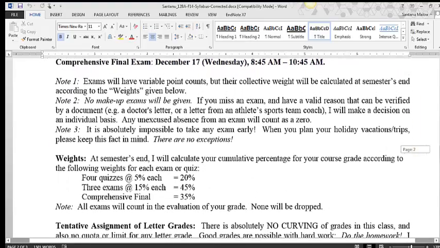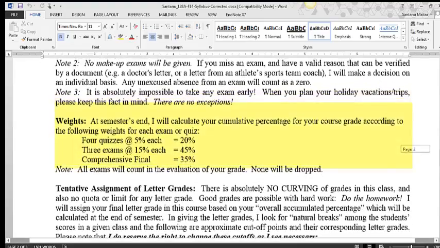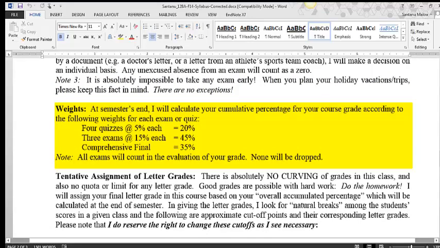They will have variable point counts, but at the end of the semester, their collective weight will be calculated. The way the quizzes, the exams, and the comprehensive final will contribute to the total points is the following.